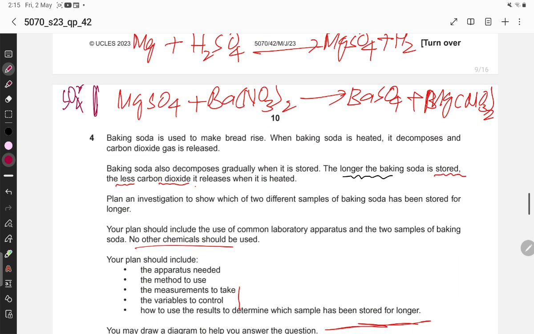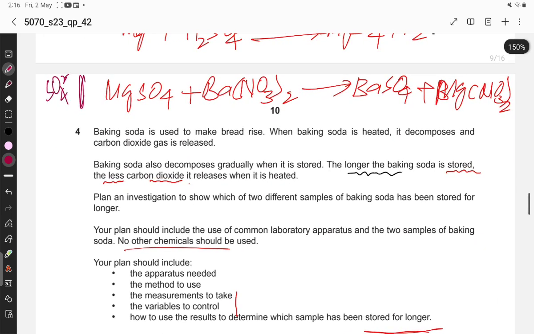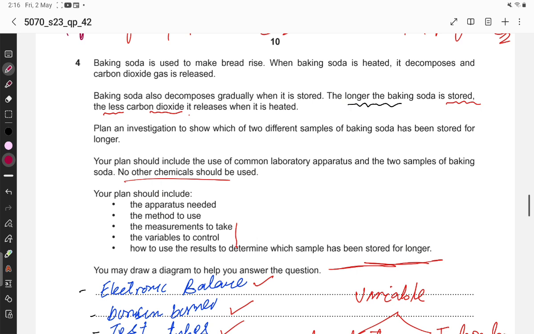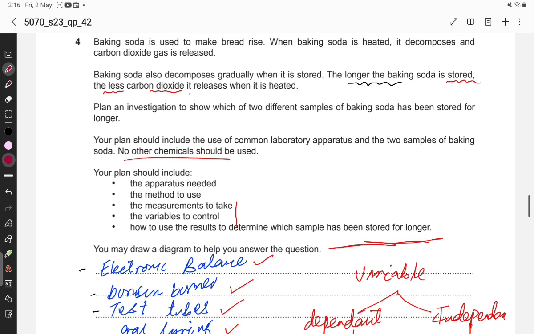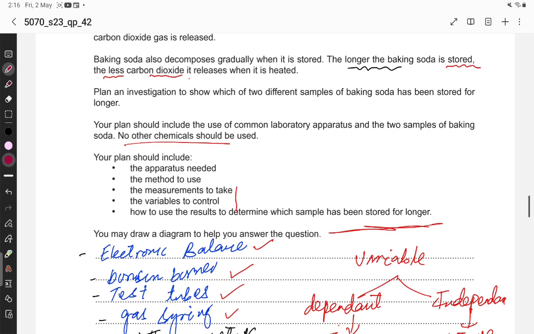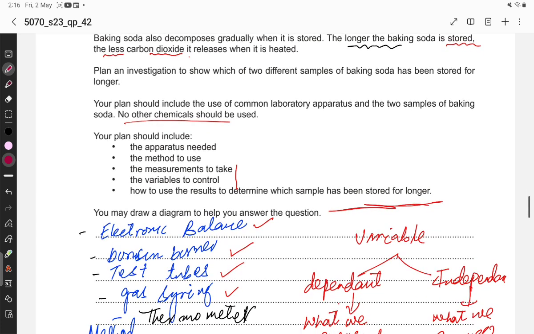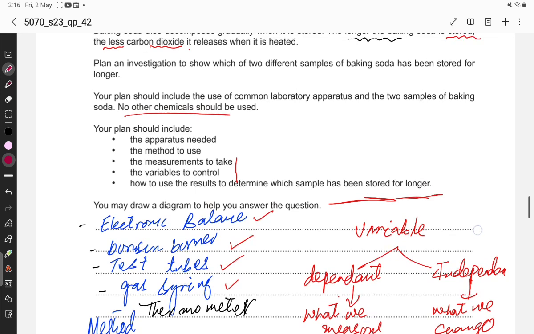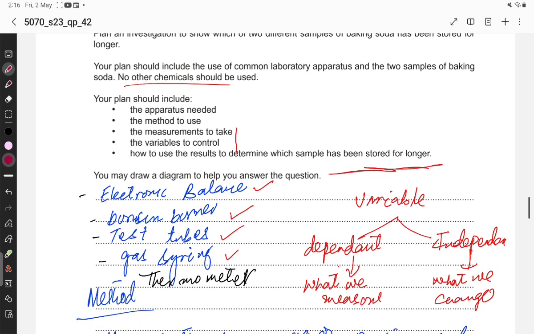Baking soda is used to make bread rise. When baking soda is heated, it decomposes and carbon dioxide gas is released. Baking soda also decomposes gradually when it is stored. The longer the baking soda is stored, the less carbon dioxide it releases when it is heated. Plan an investigation to show which of the two samples of baking soda has been stored for longer.